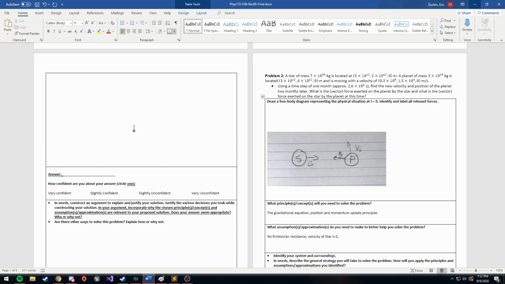Wait, so this is just Coulomb's, right? 1 over 4 pi epsilon naught, and then times Q1 times Q2. Sorry, no, I don't think so, because that's electric force. Sorry, I'm at the wrong point in my notes. This should be negative G times mass 1 times mass 2 times the unit vector of R, all divided by magnitude of R squared.